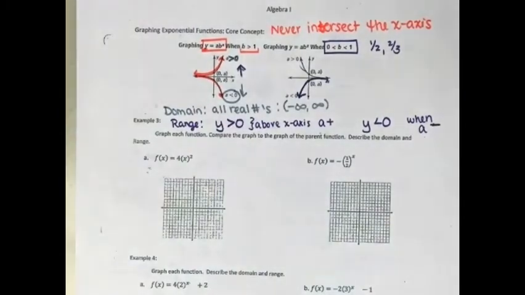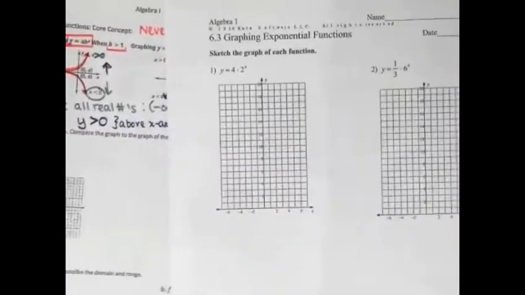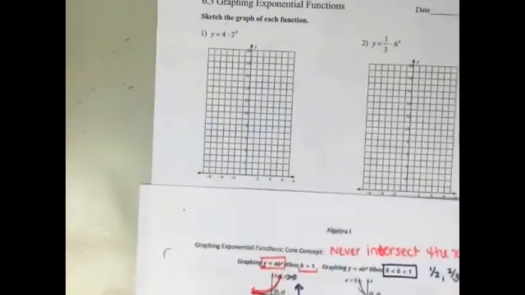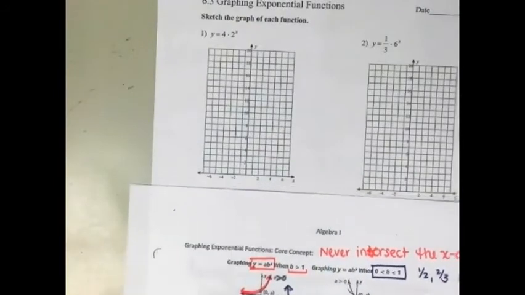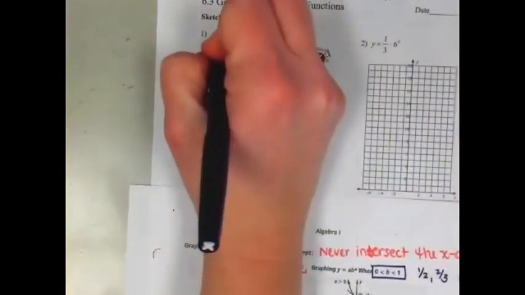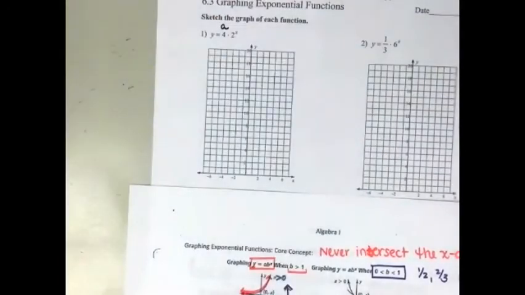All right. So now what we are going to do is graph these. And I'm actually going to use the worksheet because they're a little bit bigger. So let's look at this worksheet. Now, I'm just going to talk a little bit about things. a in number 1 is positive, right?